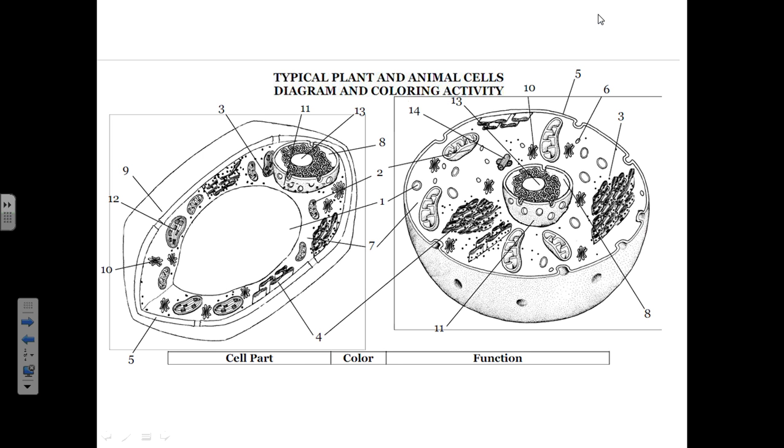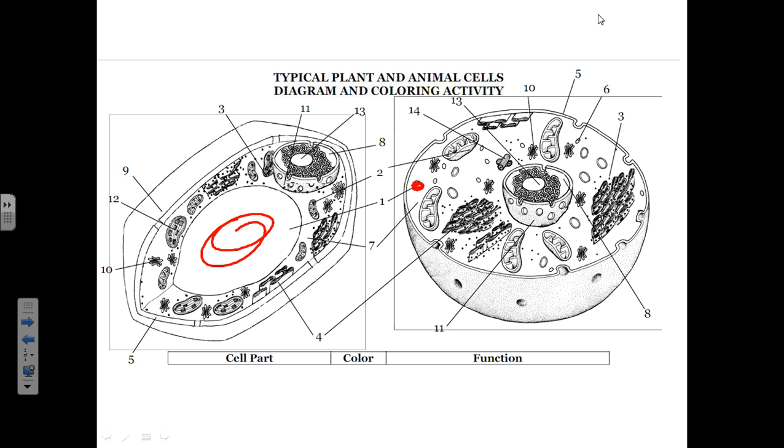Let's talk just a minute about the parts on that diagram. All right, so notice that number 1 is in both things. This is a plant cell on the left, an animal cell on the right. Number 1, right here in the plant cell. Notice it's much smaller in an animal cell.